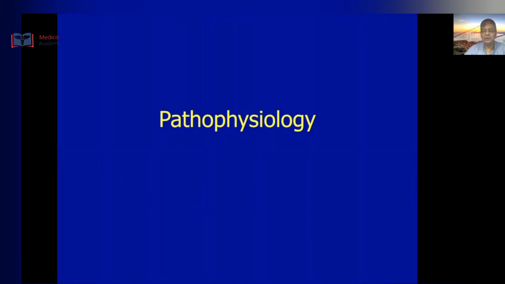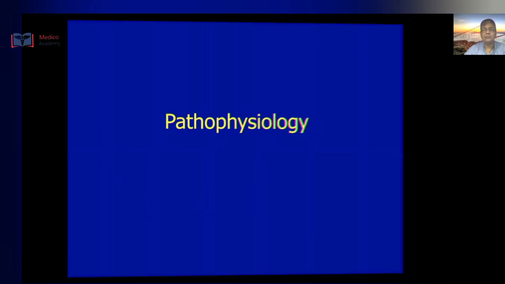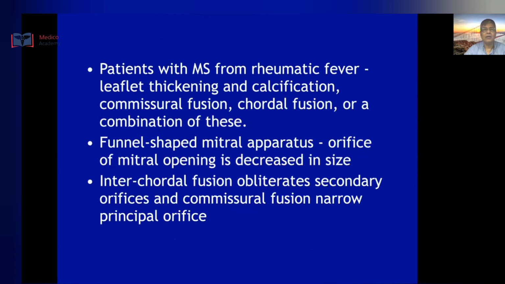Coming to the pathophysiology of mitral stenosis. Patients with mitral stenosis have a history of rheumatic fever, which results in leaflet thickening and calcification. There is also commissural fusion and fusion of the chordae, or it may be a combination of all these conditions together.